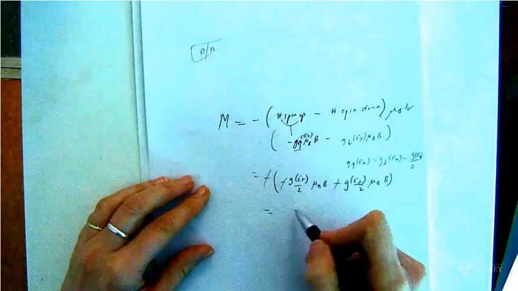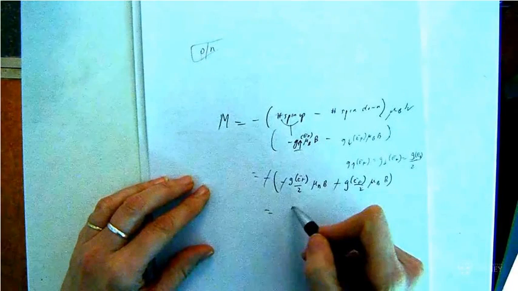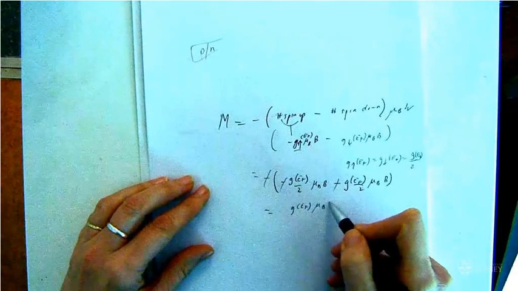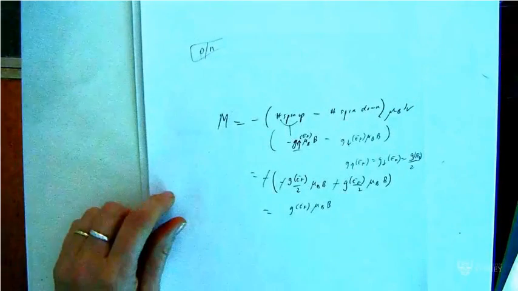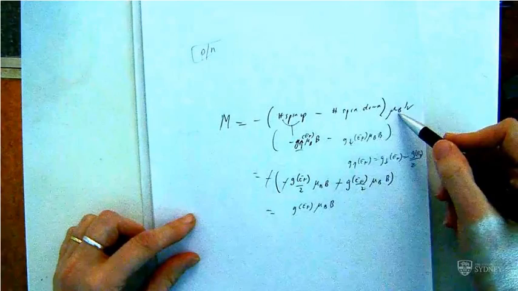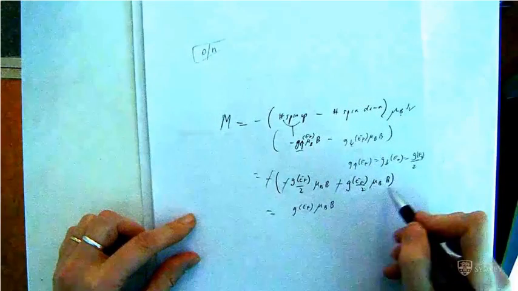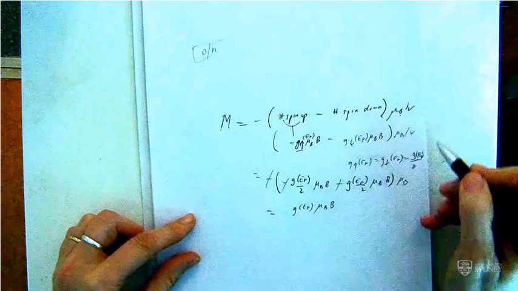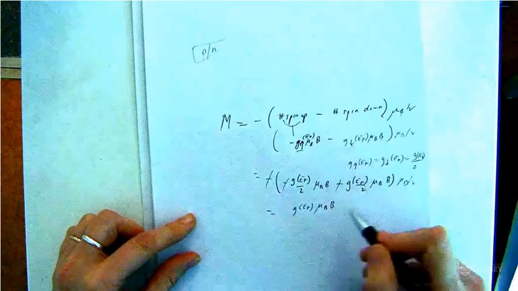These will be added. So you end up with a mu B outside here, mu B over volume outside there.